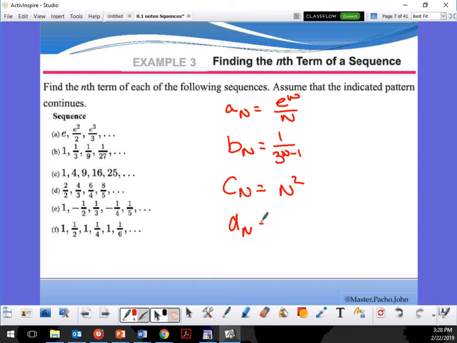Yeah, 2n over... Let me see. At 1, it'll give me 2 over 2. At 2, it gives me 4 over 3. At 3, it gives me 6 over 4. And at 4, it's 8 over 5.